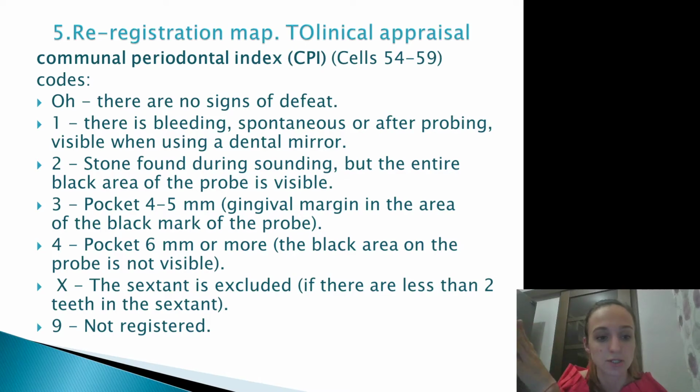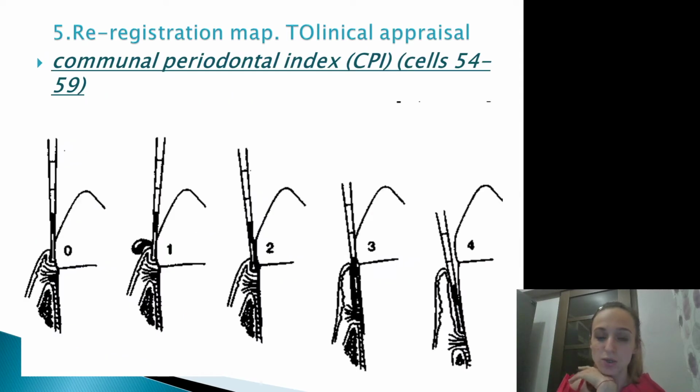Third, it is a pocket from 4 to 5 millimeters, the gingival margin in the area of the black mark of the probe. Four, it is a pocket 6 millimeters or more, and X, it is the sextant is excluded, and 9 not registered.